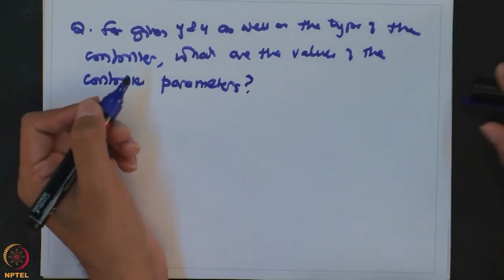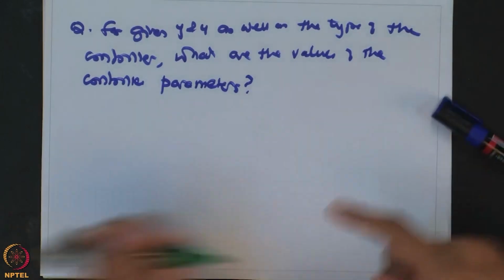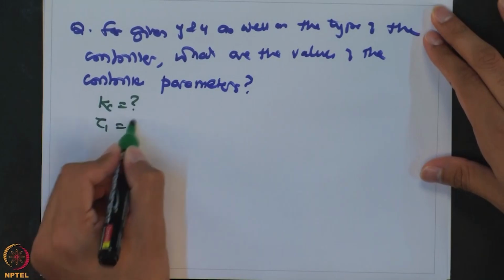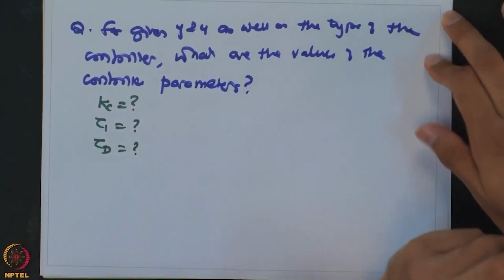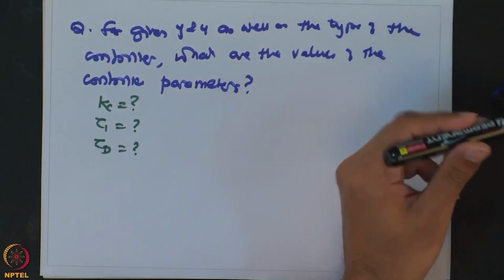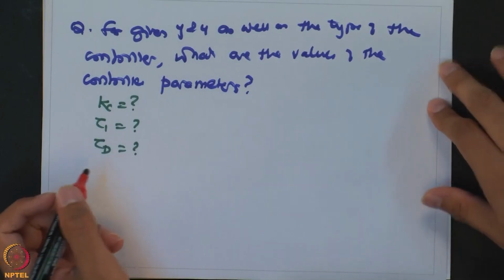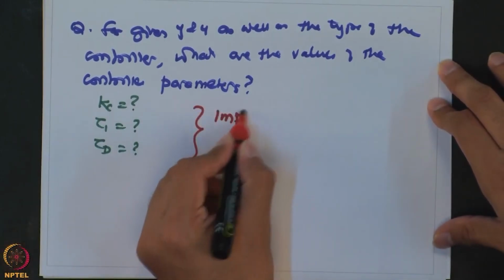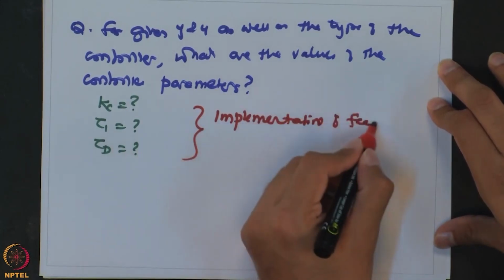And when I say what are the values, these are the best values which somebody will use. So in terms of a PID controller, it will be: what is the value of controller gain, what is the value of integral time constant, and what is the value of derivative time constant. This particular sub-problem tries to answer what is the implementation of feedback control.